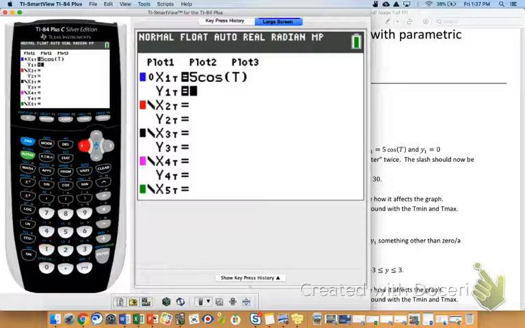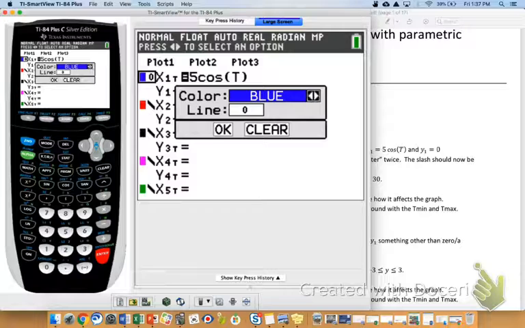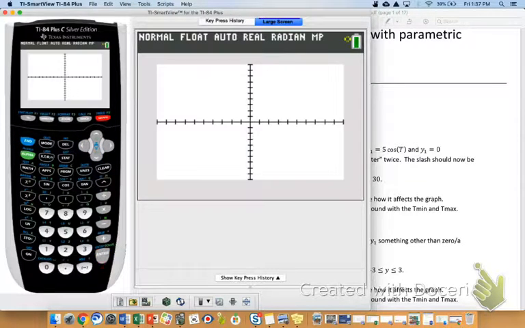And then instead of just a ball or circle, I will go with ball with line. This will leave a path where the ball went. So if I do this and hit graph, now you can see on mine it's leaving basically breadcrumbs where the ball went. Does that make sense?